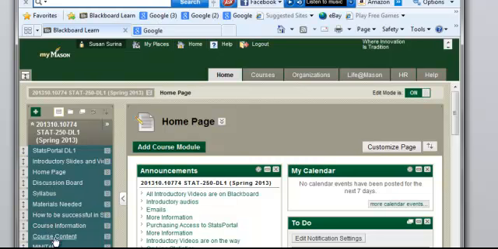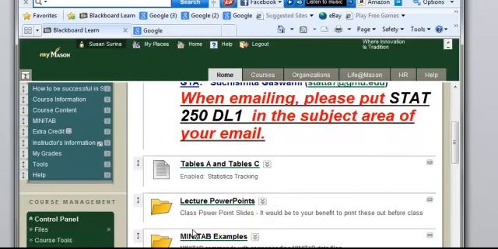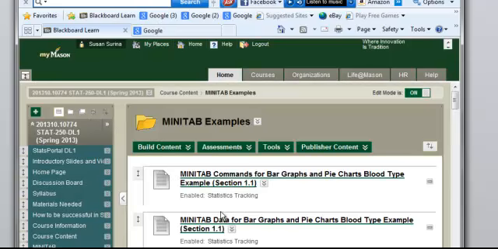We go into our course content, go into our Minitab examples, and there you see Minitab commands for bar and pie charts. Our blood type example. This is if you want to use commands and to find out what exactly the problem is. The file below it is the data that we're going to use.